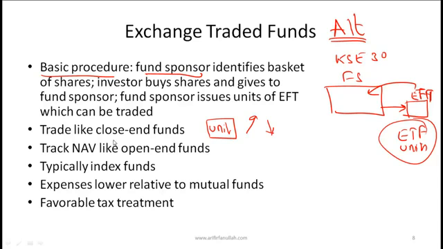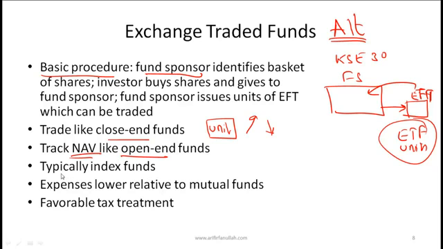So like a closed-end fund, the shares can trade all day long. Like an open-end fund, the exchange traded fund units can generally retain their value close to the net asset value.